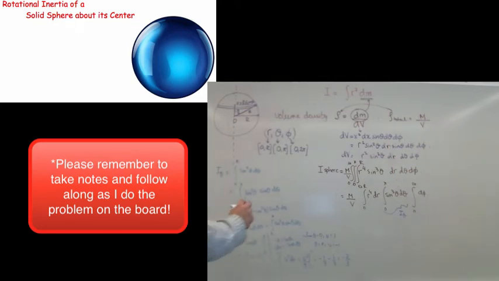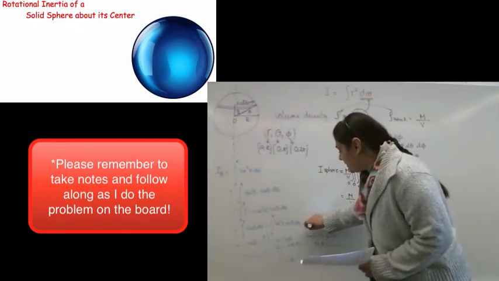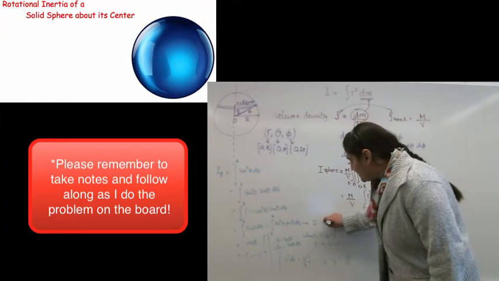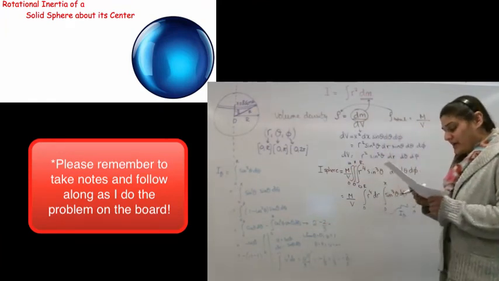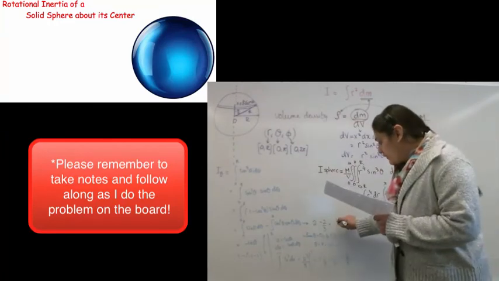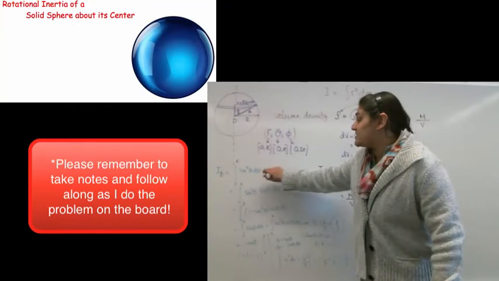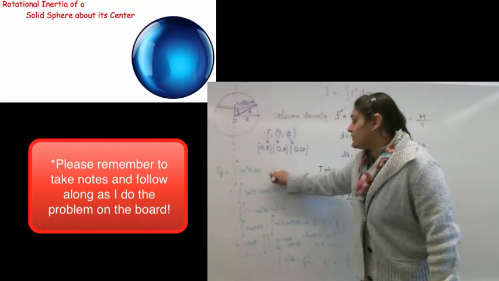That will give me, for this integration over here, I can rewrite this as 2 minus 2/3, which can also be written as 4/3. So this integration answer is 4/3.